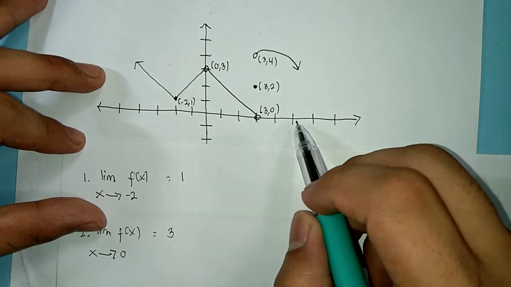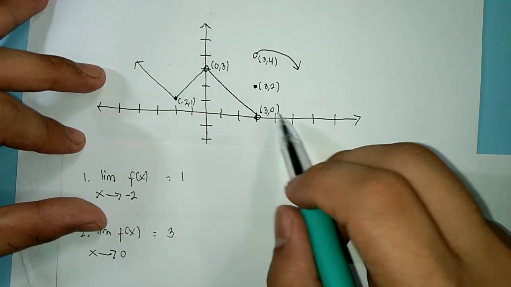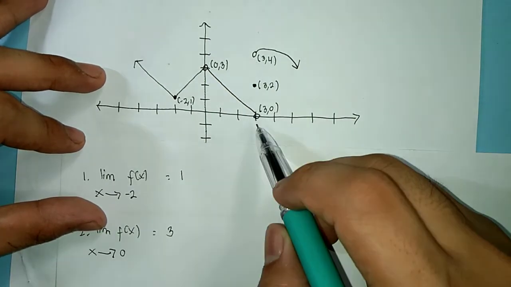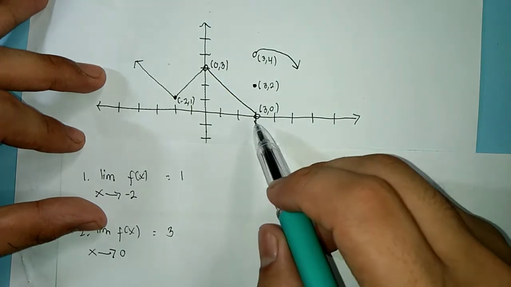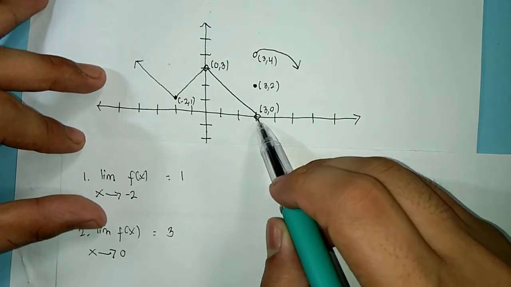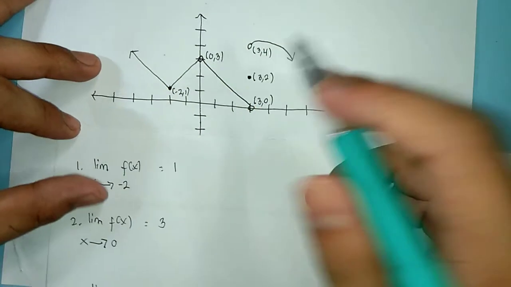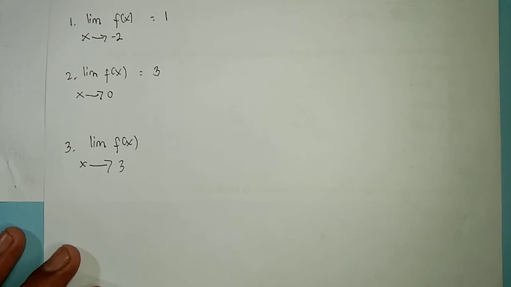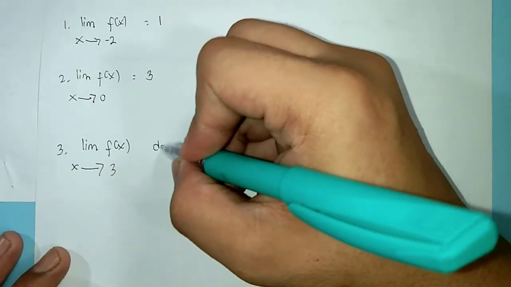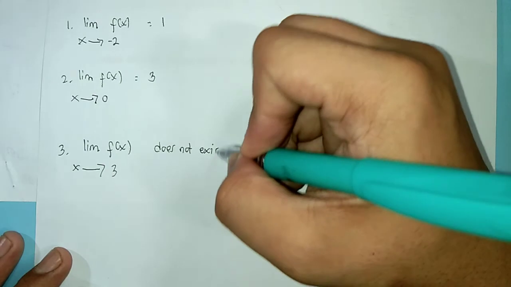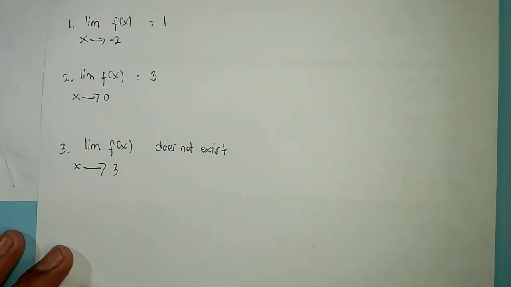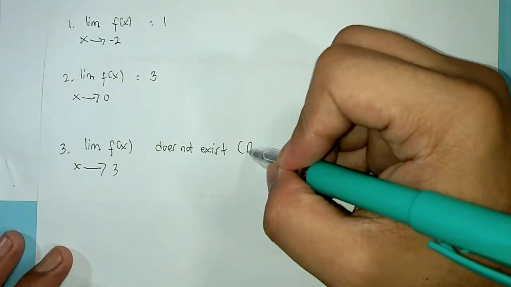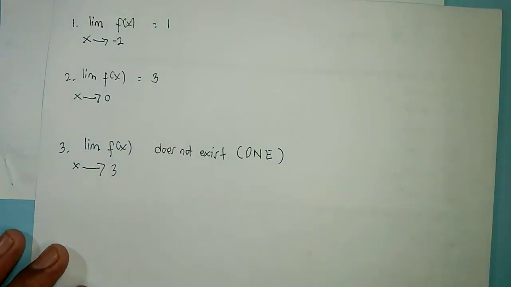But from the right side, as x approaches 3, where do the values approach? To 4. So they approach different values on the left and right sides. Meaning, when they differ, the limit does not exist, because it should approach only one value. When the limit does not exist, we can just write DNE, or does not exist.